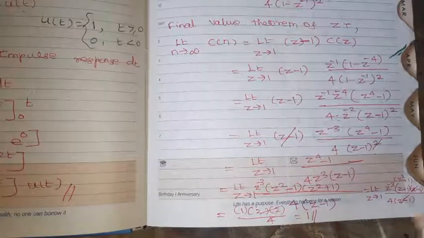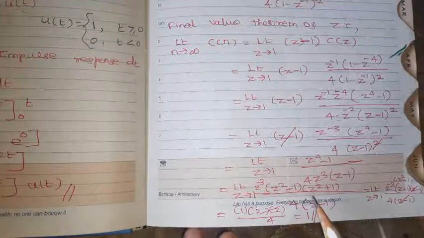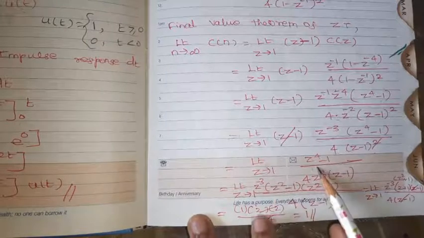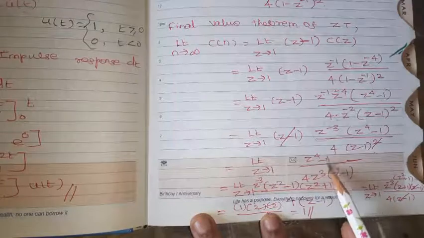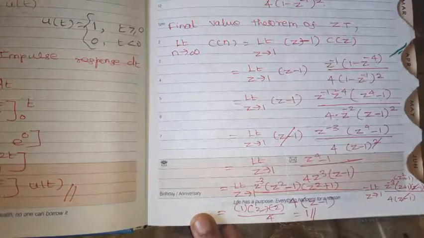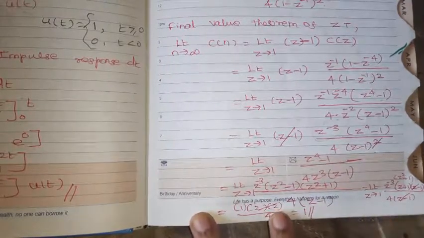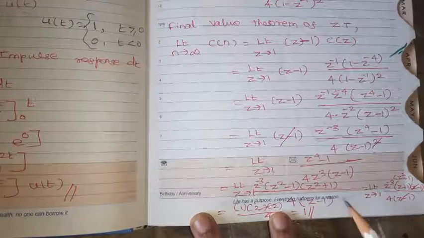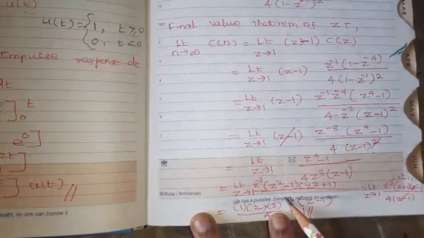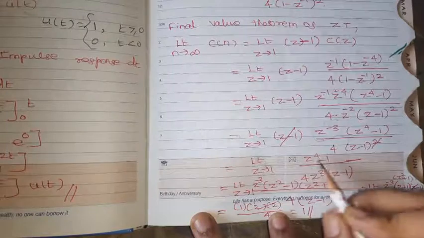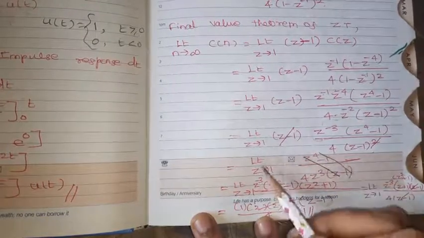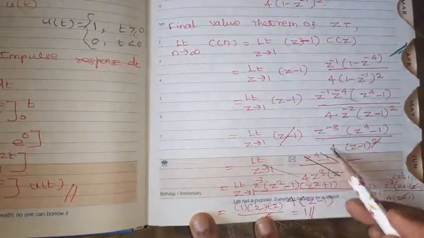So now we will substitute 1 in place of z. Whenever we substitute we will get 1 minus 1, 0. So we need to simplify further. Here, no need to go to that step, this step is unnecessary. No need to bring it to the denominator.